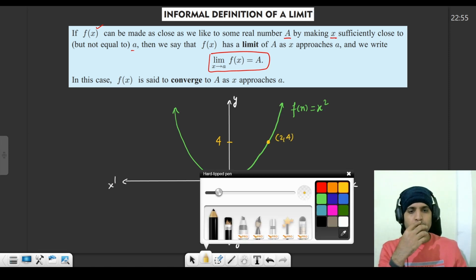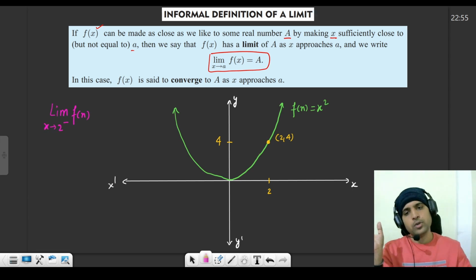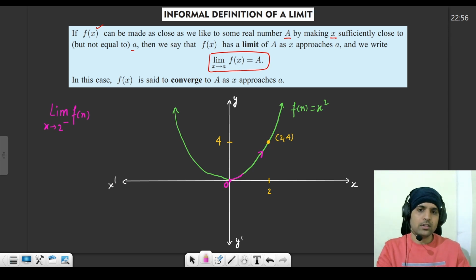If you are taking the left hand limit, which we talked about, limit of f of x when x is reaching 2 from the left hand side, you are going in this direction on the graph. Suppose you are at 0, you move on and on, and just before reaching 2 on x, which value are you reaching on y? You are reaching 4 on y from the left hand side. So this is called the left hand limit. So you are reaching 4.